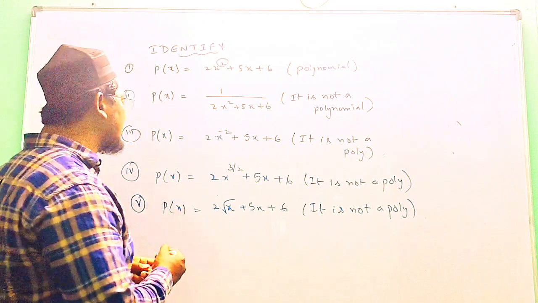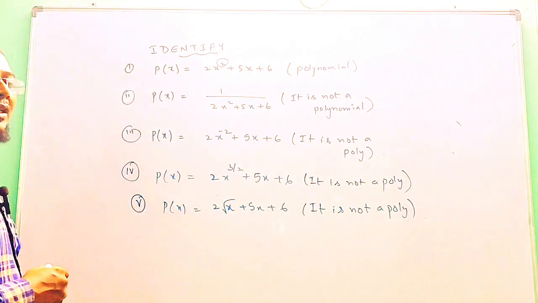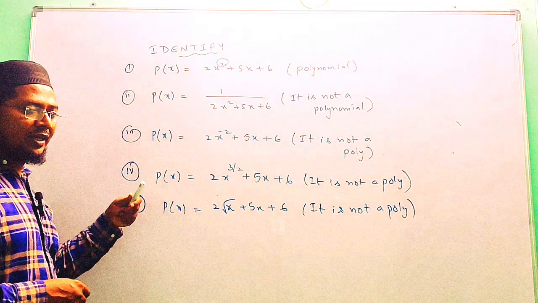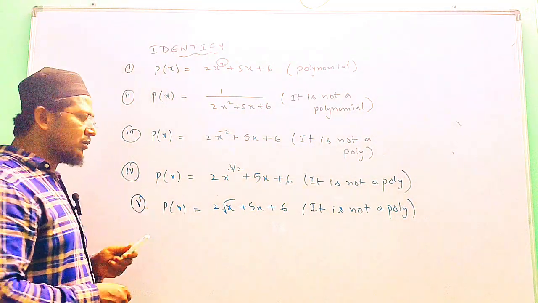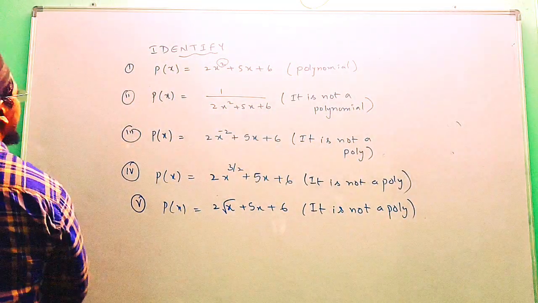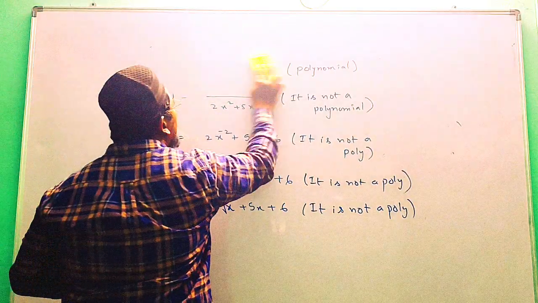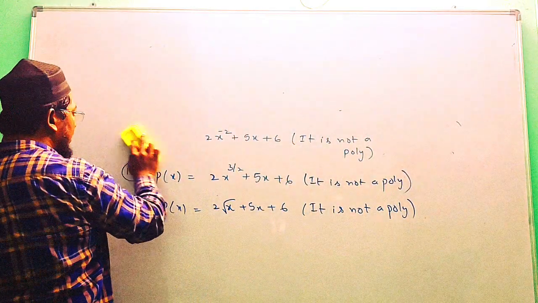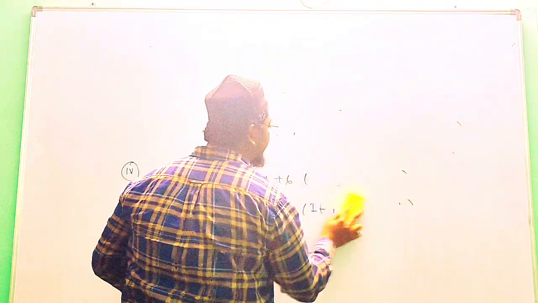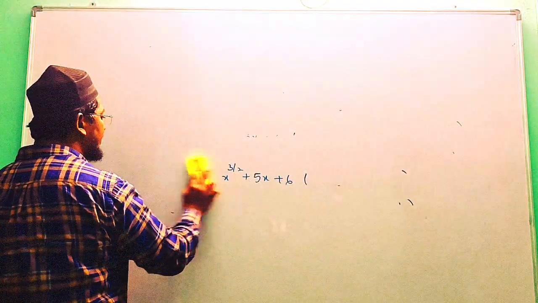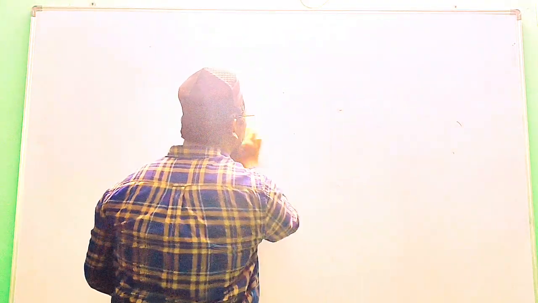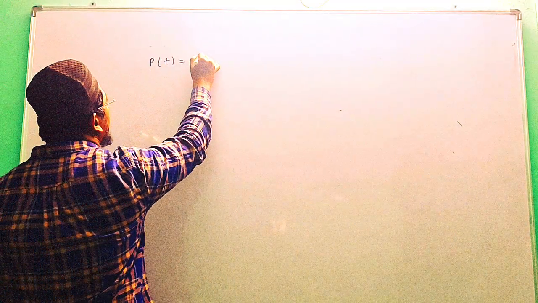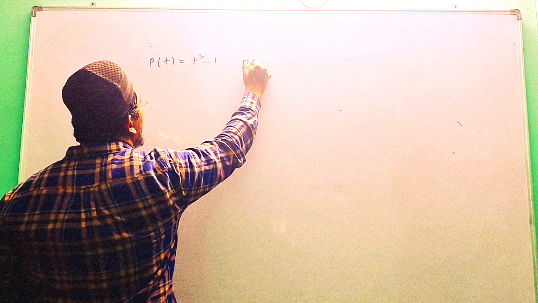After seeing the identification of a polynomial, we have to check the value of a polynomial. Our next topic is the value of a polynomial. Suppose, for example, we have p of t is equal to t cube minus 1.